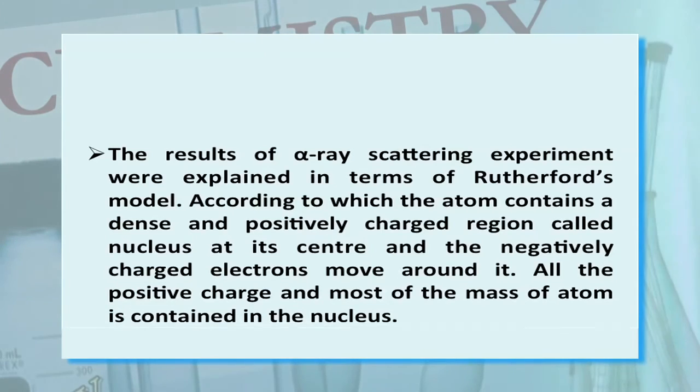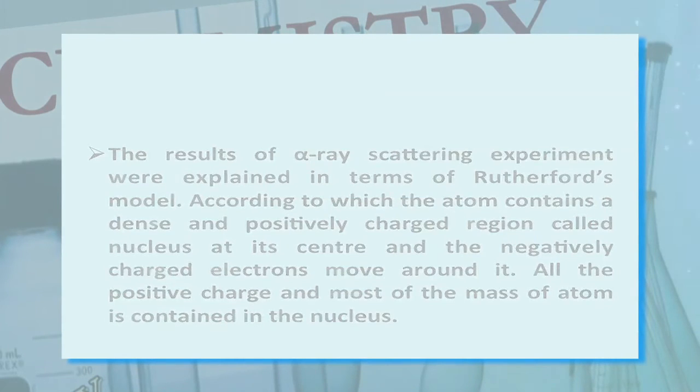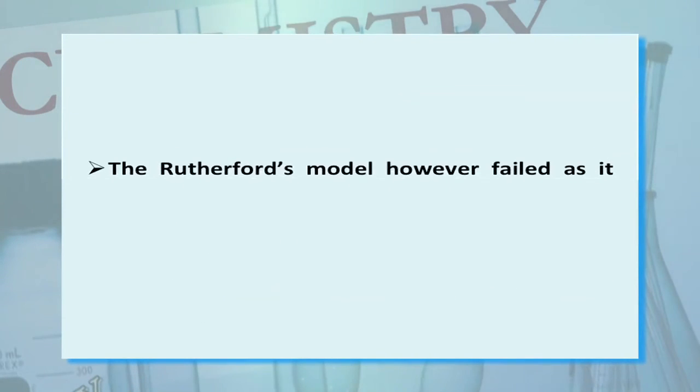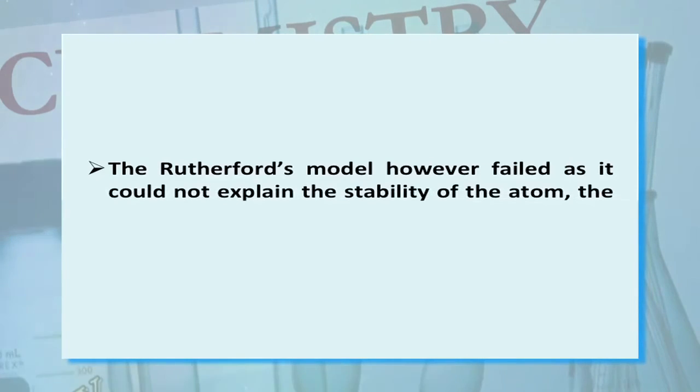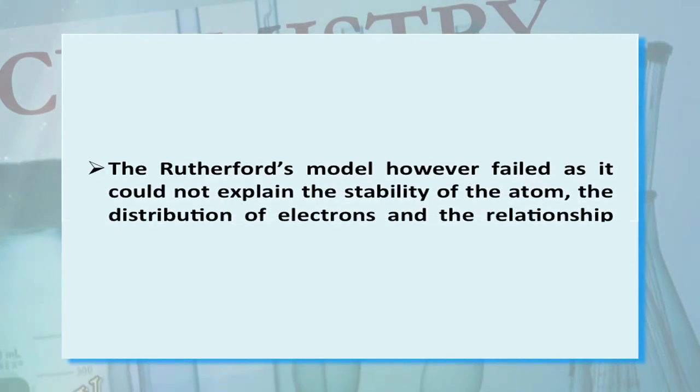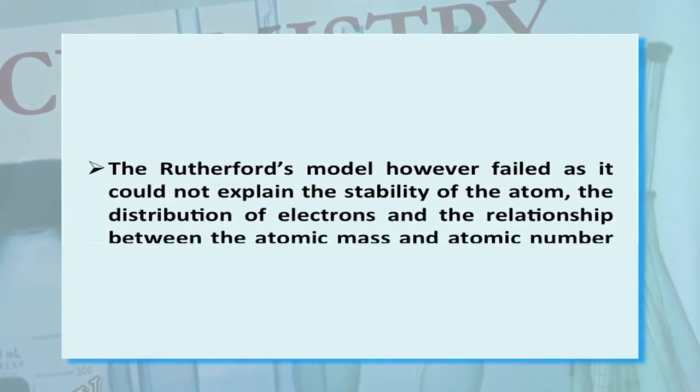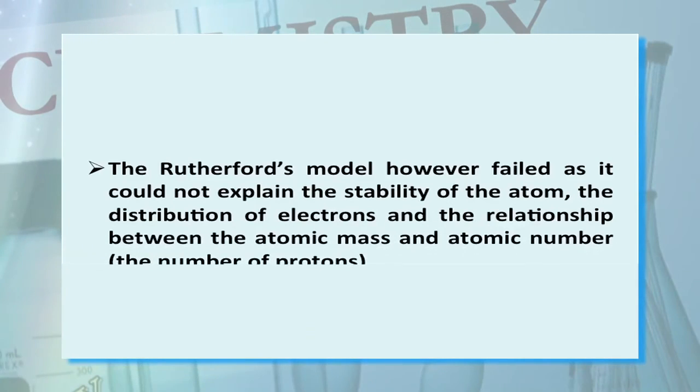All the positive charge and most of the mass of the atom is contained in the nucleus. The Rutherford model, however, failed as it could not explain the stability of the atom, the distribution of electrons, and the relationship between the atomic mass and atomic number, the number of protons.